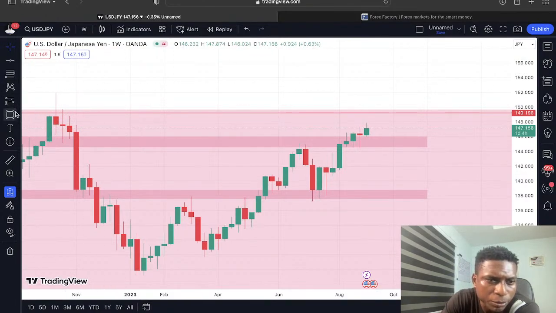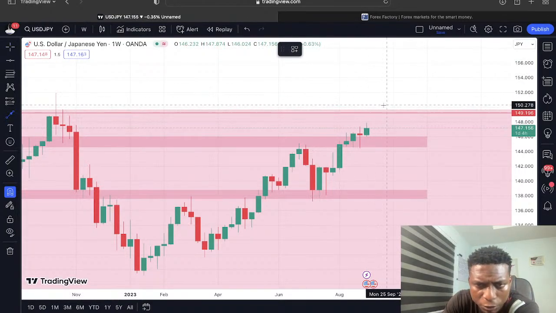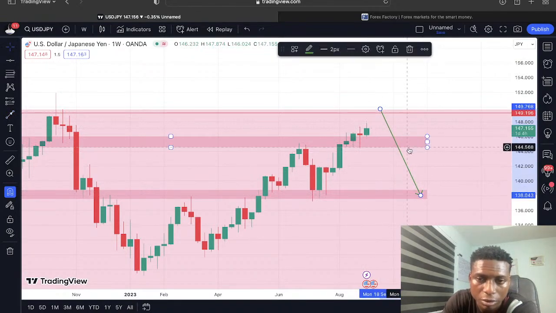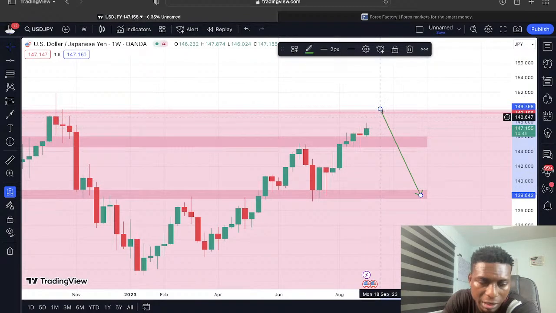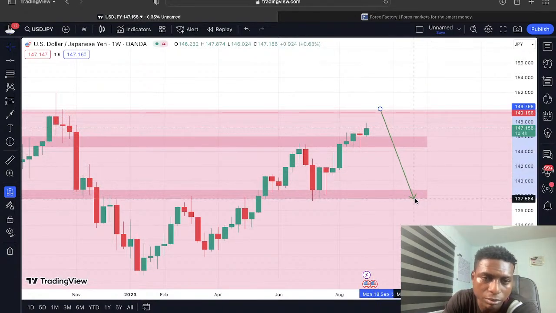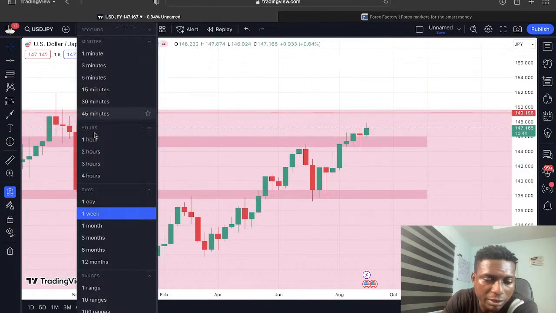It will move pretty much from this zone down, either to this level or to this level. Price will definitely fall, or reject, once it gets here, either to this level or to this level. All right, so let's go to the daily time frame.